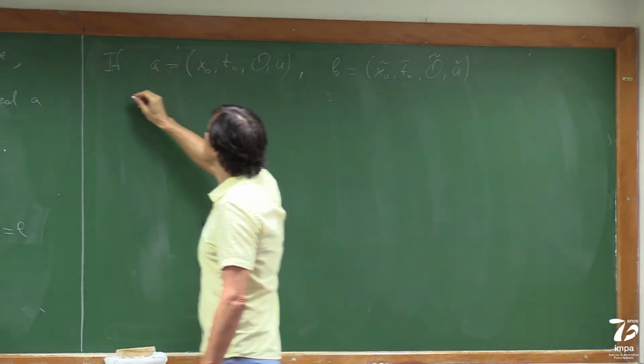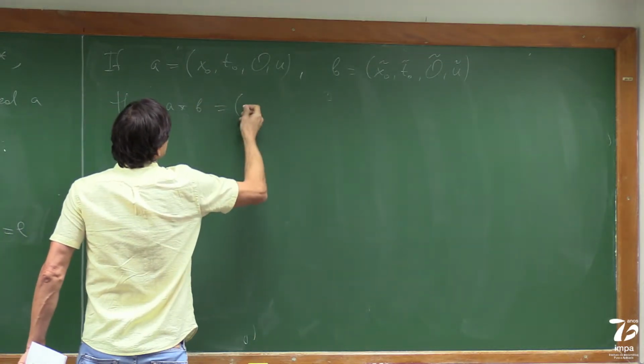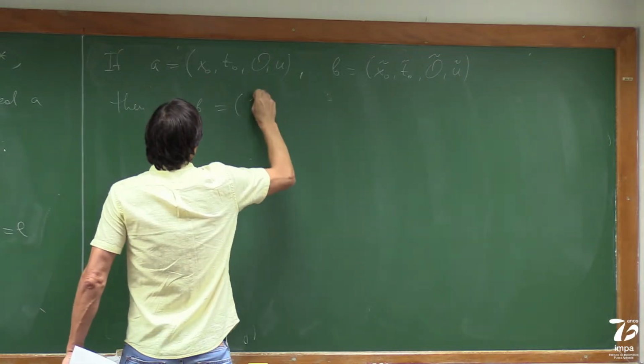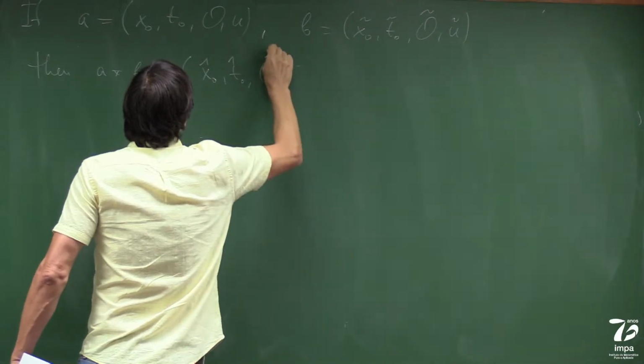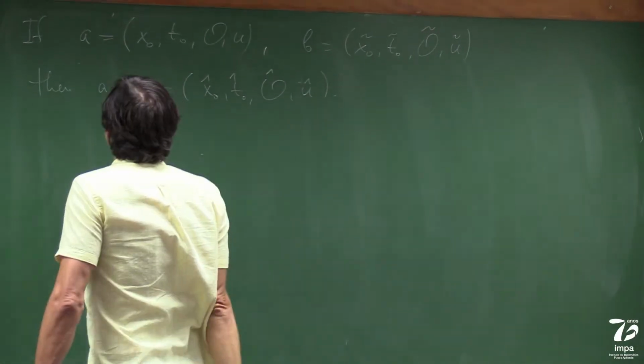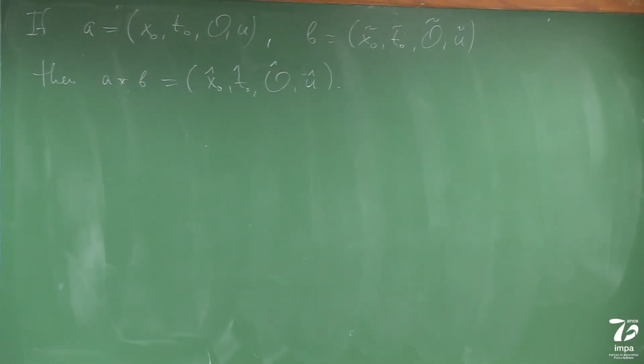Then it also has the same form, but with some different components. So this is the first thing which actually has to be shown, because it's not directly obvious.